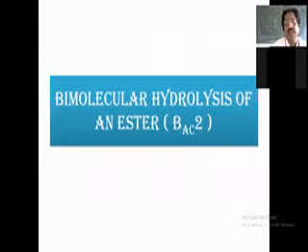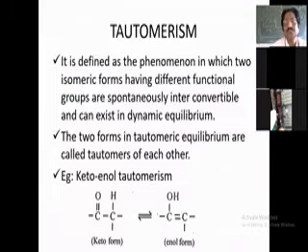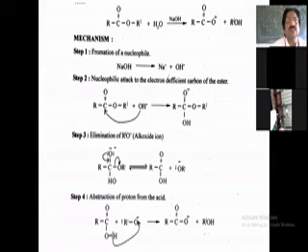There is no change, and here it is BAC2. Once again, the 2 stands for bimolecular, and capital B stands for base catalyzed. Now, when it is base catalyzed, what happens? Ester, when it is treated with a base, sodium hydroxide, gives alcohol and the carboxylate ion.